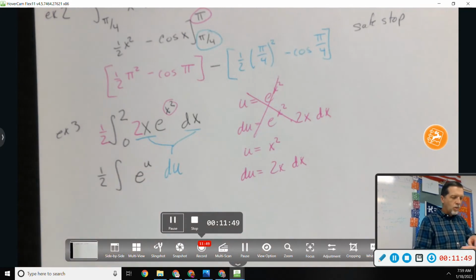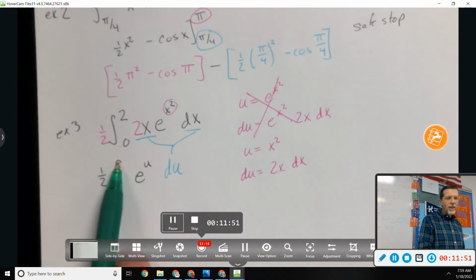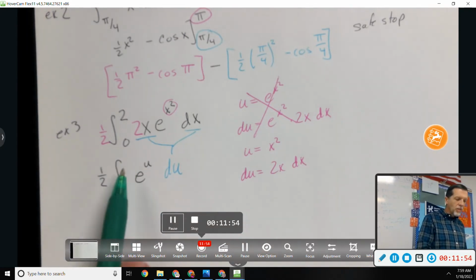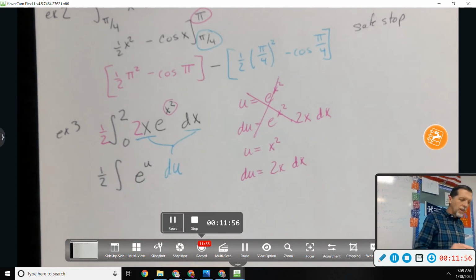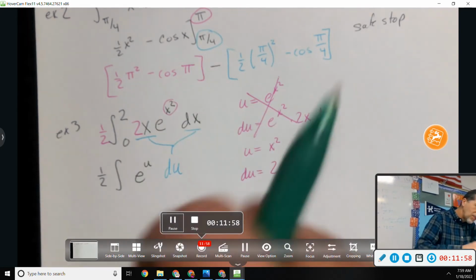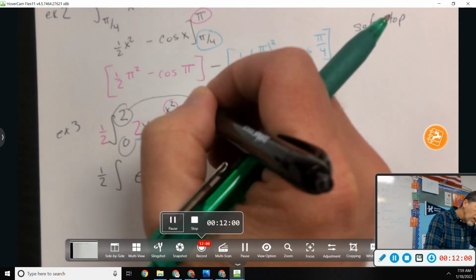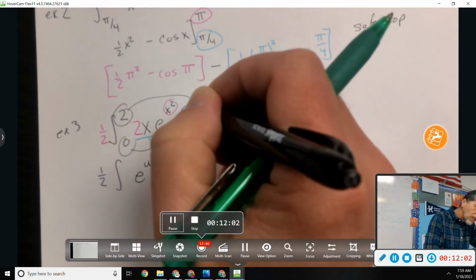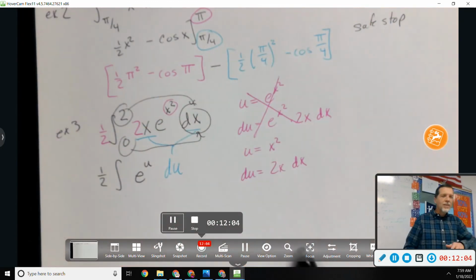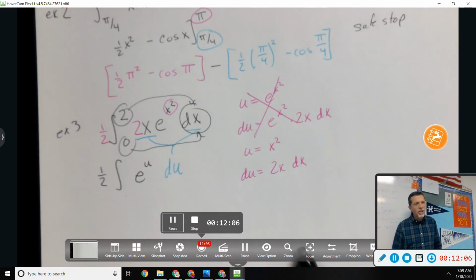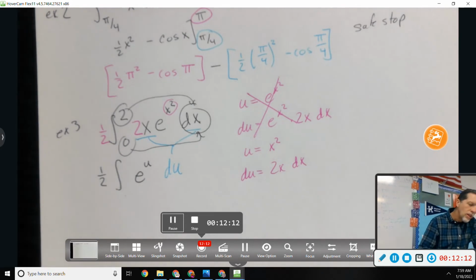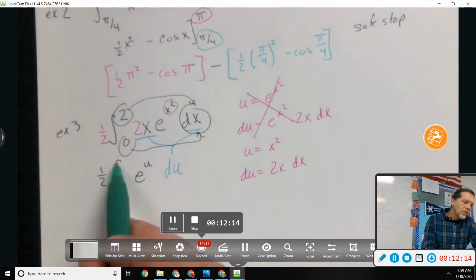So the numbers that are there need to match the variable at the end. Like this, the 2 and the 0, those are x values. So I don't feel like I can put 0 and 2 there anymore because these are supposed to be u values. So what could I do to figure out what goes there?